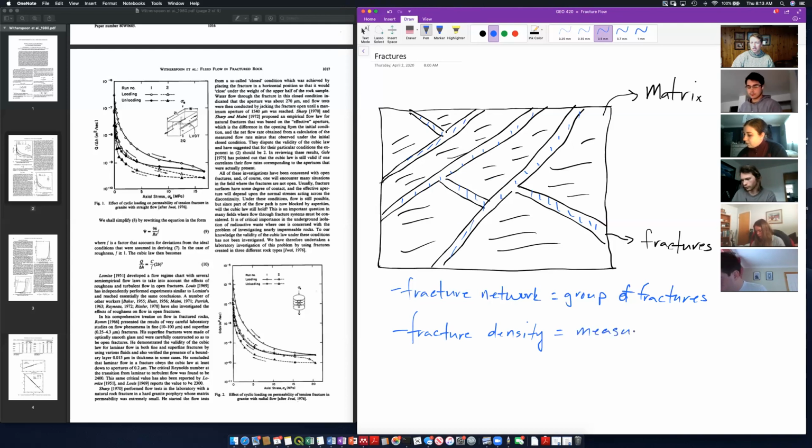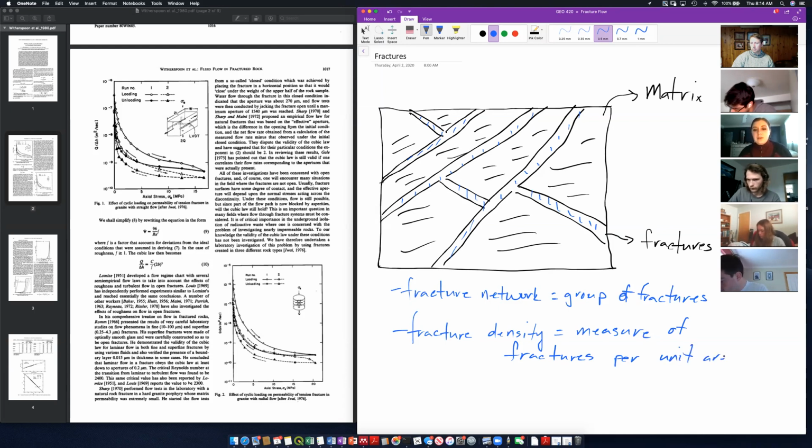This is actually not as straightforward as you might think to characterize, but it's essentially how many measure of fractures per unit area.